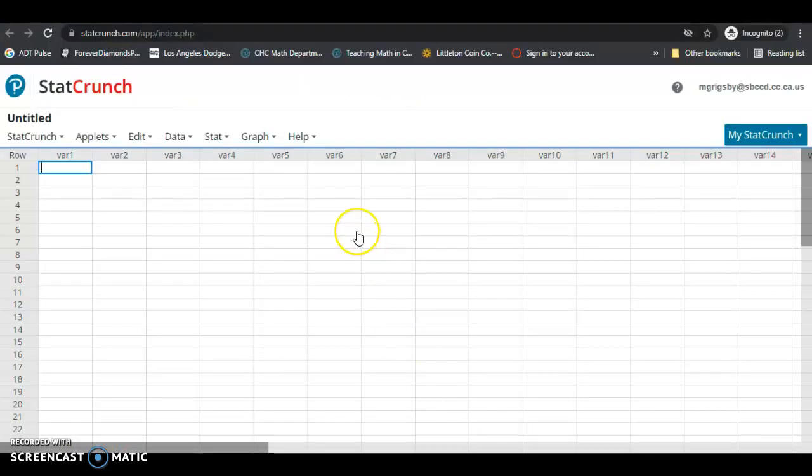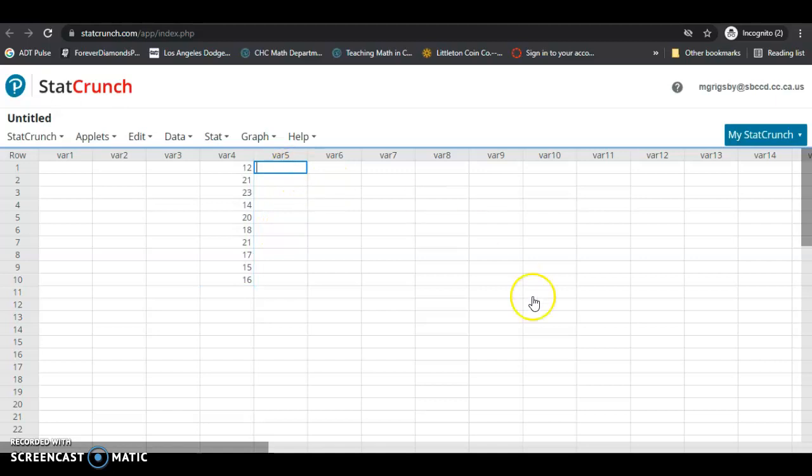With an empty spreadsheet in StatCrunch, we're going to paste the data, starting in the very first row. You can select any column in which to paste that data, so I'm going to select column 4, and then on my keyboard, hit Control V or Command V. And there's the data set from the problem.